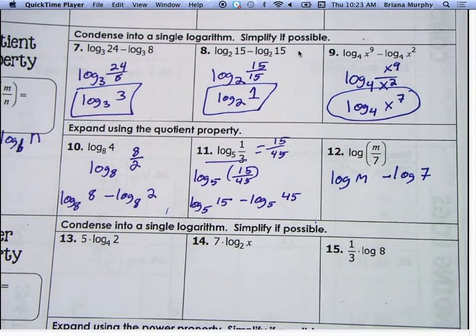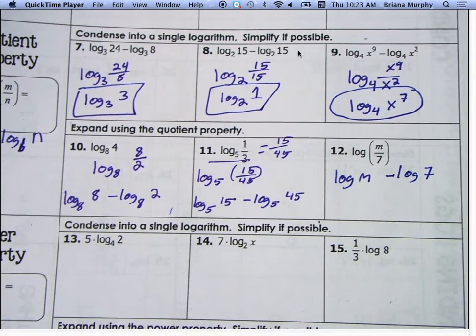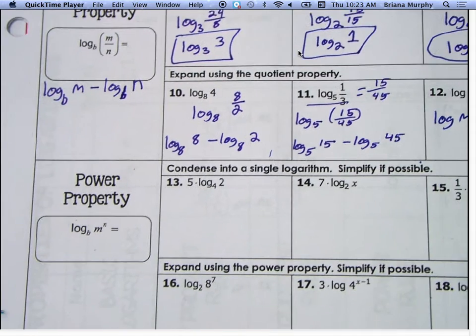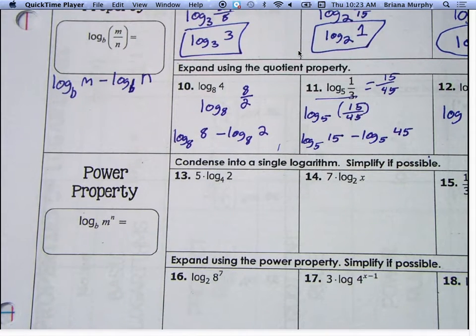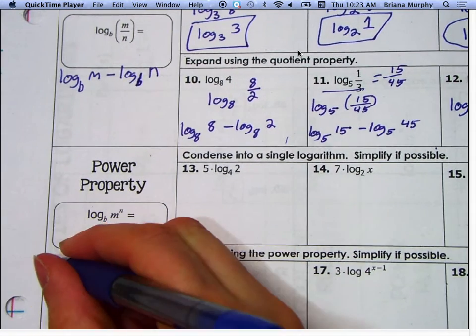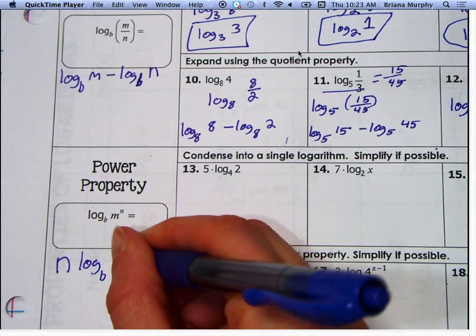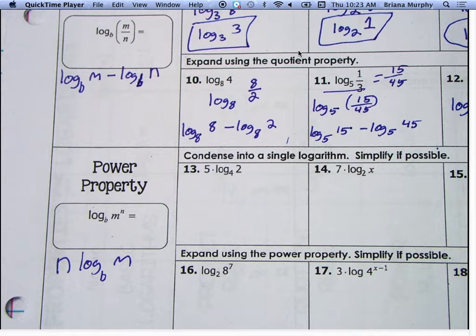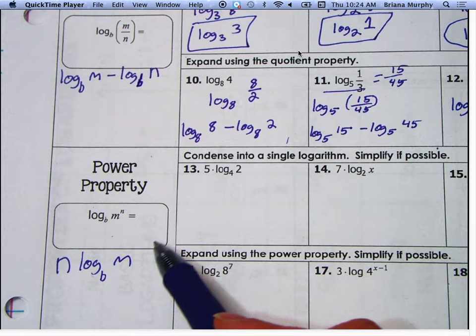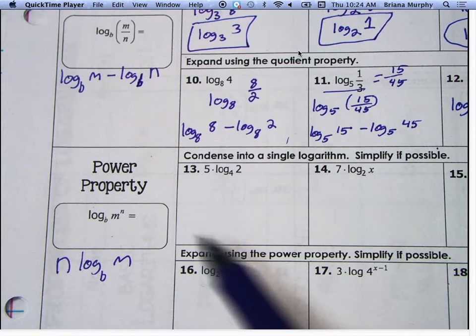Okay. Power property. We've got log base b of m to the n becomes n log base b of m. So we can go back and forth. If you have a number in front of the log base b of m, we get an exponent, and we can go back and forth.